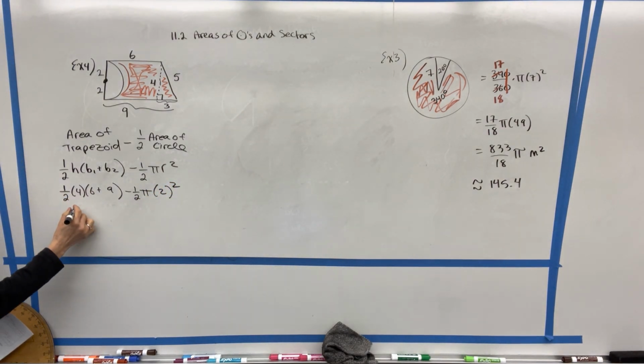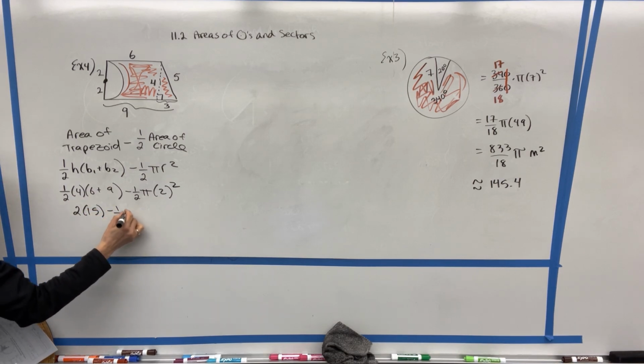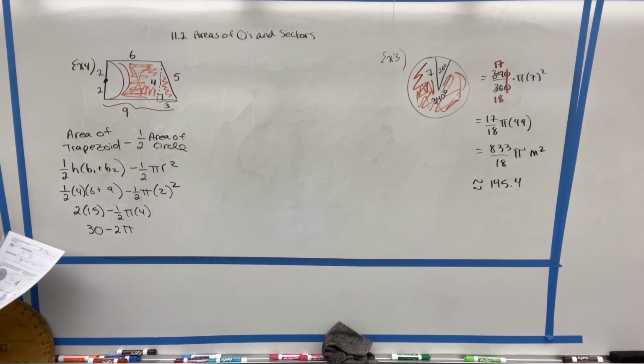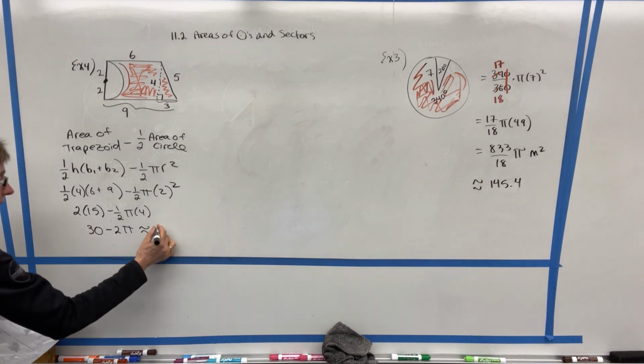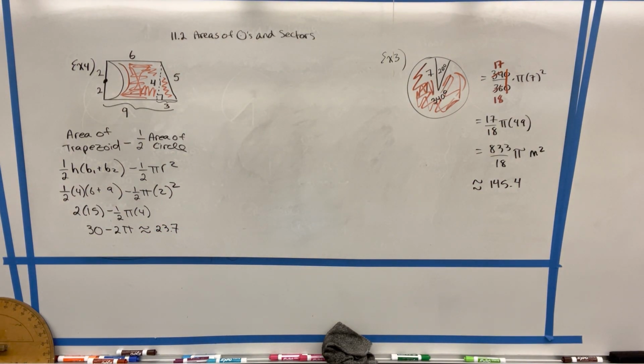Half of 4 is 2, so I have 2 times 15 minus 1/2 pi times 4, or 30 minus 2 pi, because half of 4 is 2. So the exact answer would be 30 minus 2 pi. If we want, we can turn that into a decimal, and it would be 23.7. But usually in that kind of a situation, you would just leave it with the pi in it.